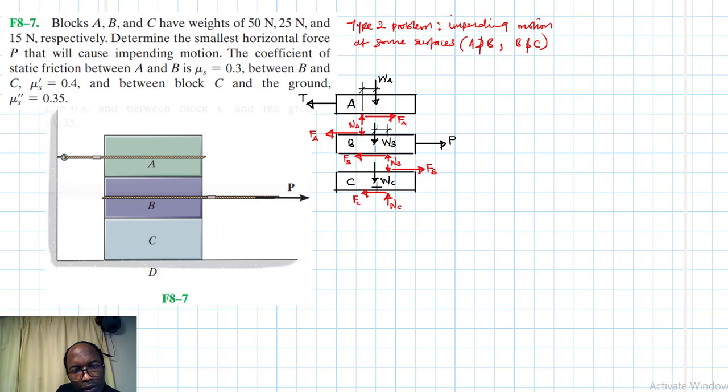Okay, we're going to have these values. So these values, let's label them. We're going to call this XA. This is XB. And this one XC.